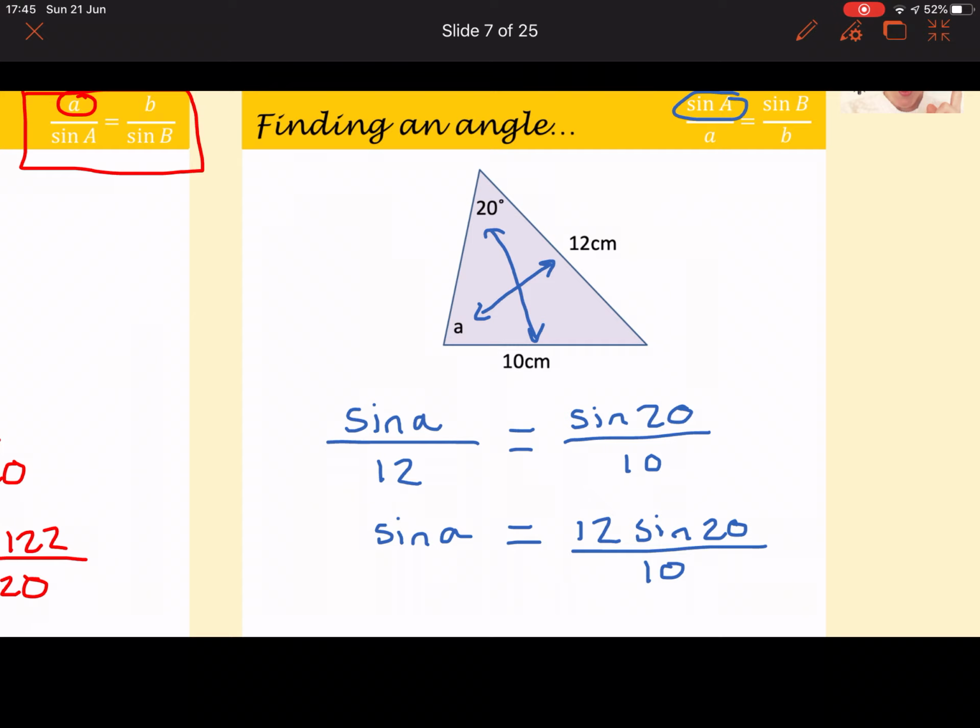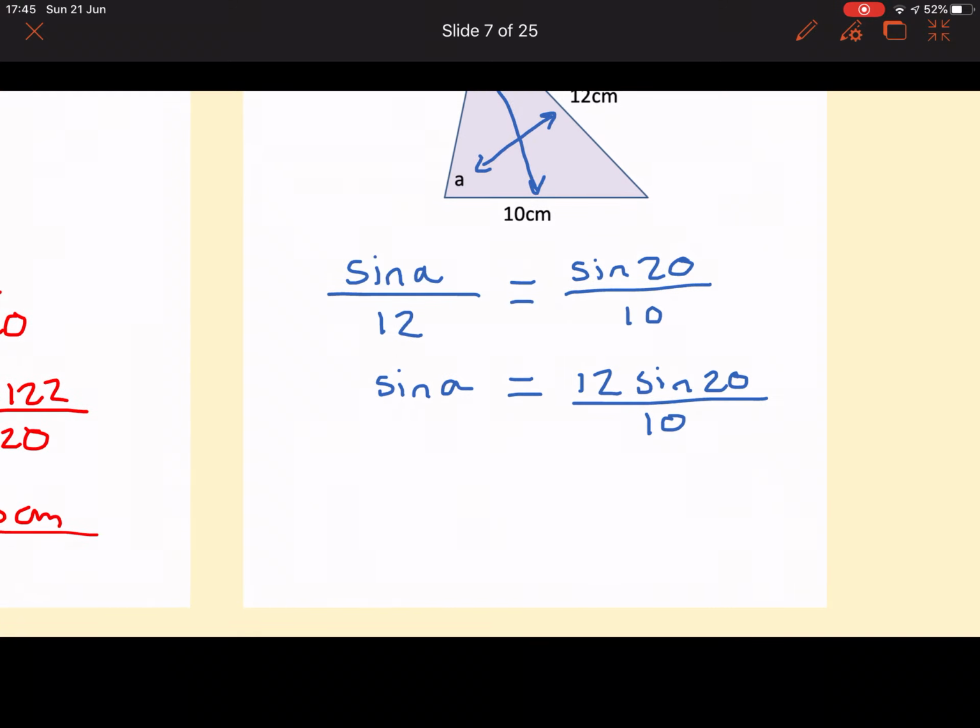Now you could type that into your calculator and you'll get the value for sine A. If you wanted to check yours, you get something like 0.410. Remember that's sine A, so you have to do sine to the minus 1 of that. And then you would get a final answer of 24.2 degrees.